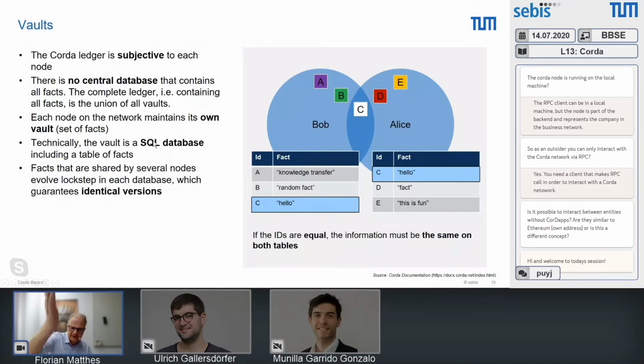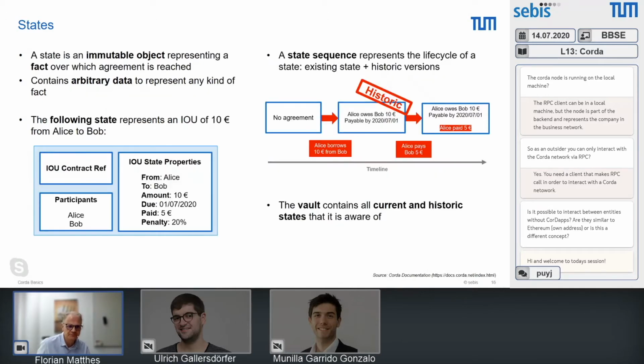You wouldn't directly access it with column names, etc. You will see later on. It's encoded state objects, and these state objects have an ID, and the system makes sure that these IDs are unique in the network. That's what the system does for you.